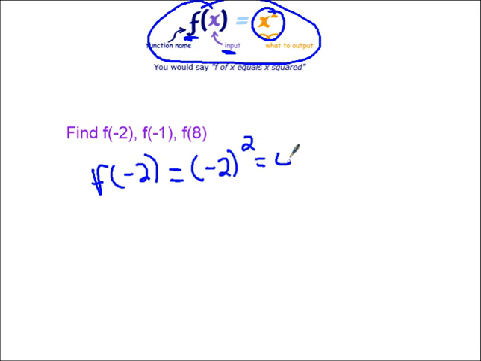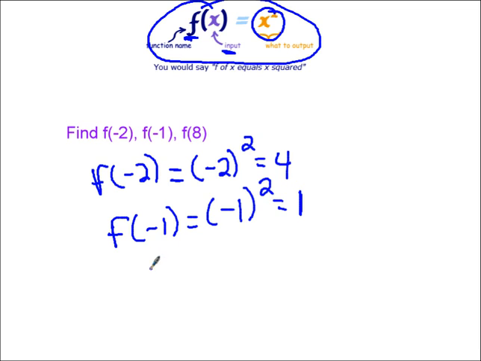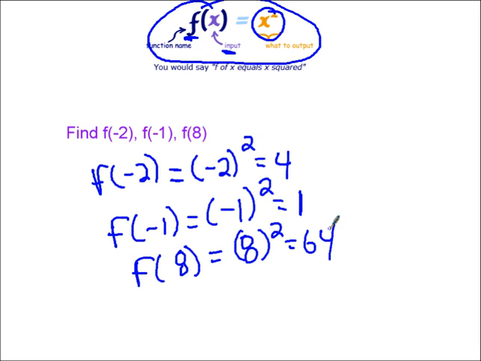My output would be positive 4. If I want to evaluate f of negative 1, I plug it in everywhere for my x value, and my output will be positive 1. And likewise, we can do this for f of 8, which would be 8 squared, or 64.